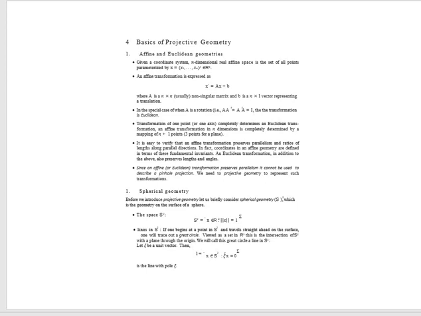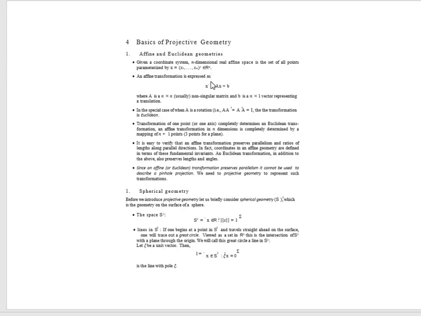To start with projective geometry, let us first see what affine and Euclidean geometries are. Given a coordinate system, the n-dimensional real affine space is the set of all points parameterized by x equals (x1, ..., xn) belonging to R^n.